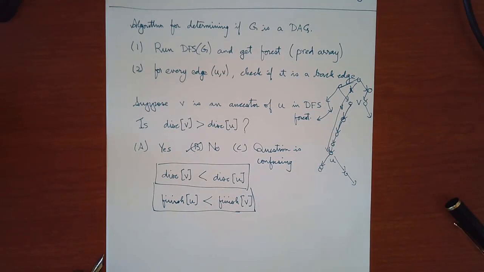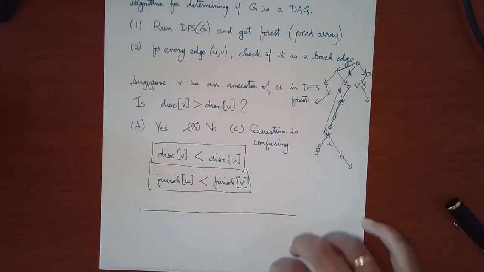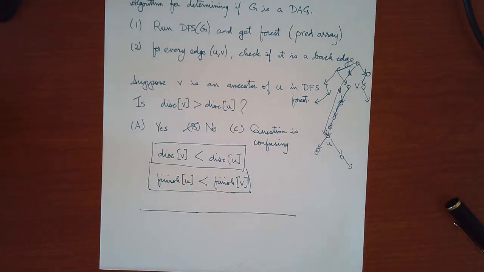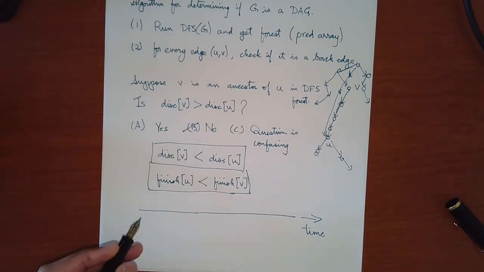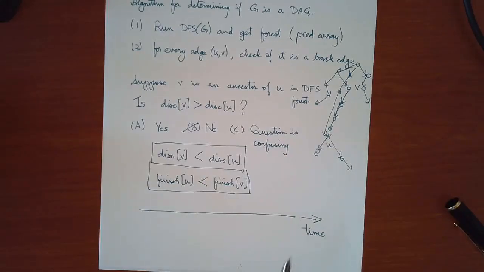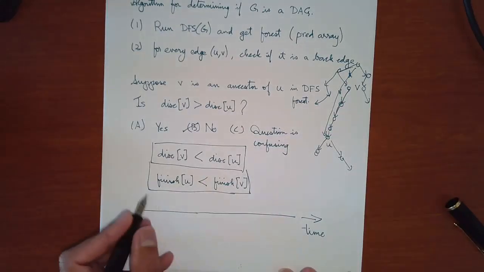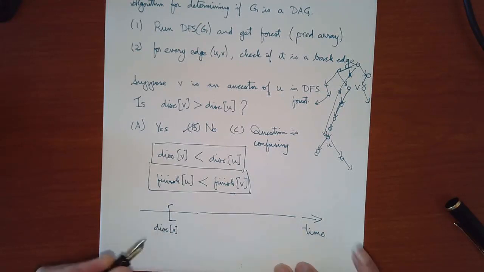Right, so just to draw this out, imagine this is the arrow of time. This is time. Which one do we see first? We first discover V, so I'm going to write this out as discover V, and I'm going to put this with a bracket.